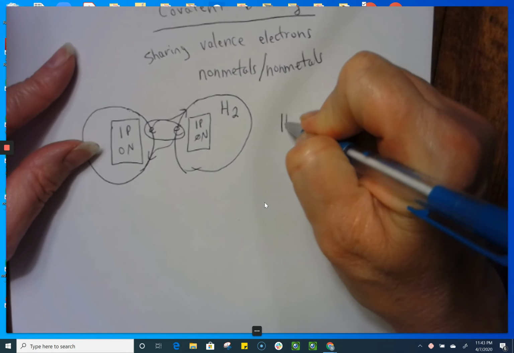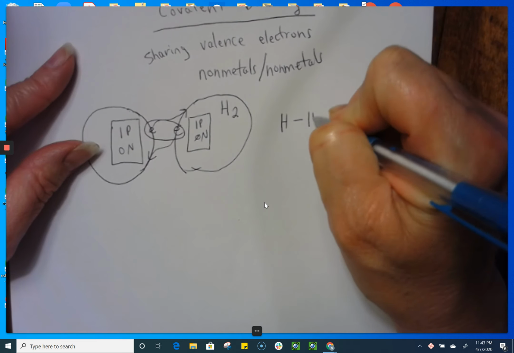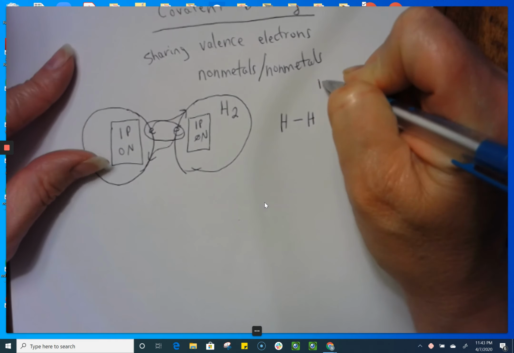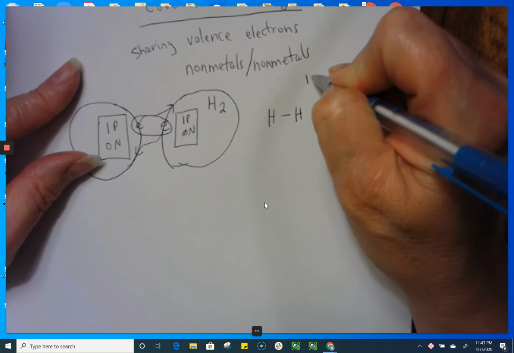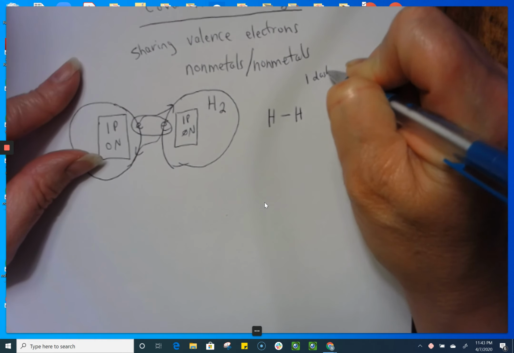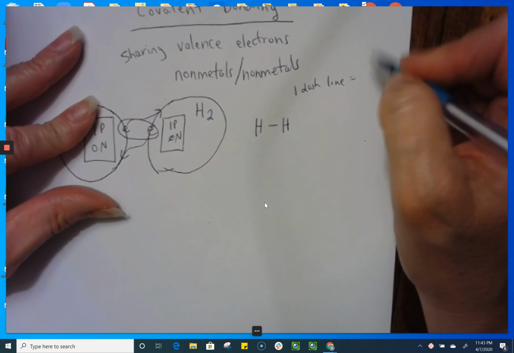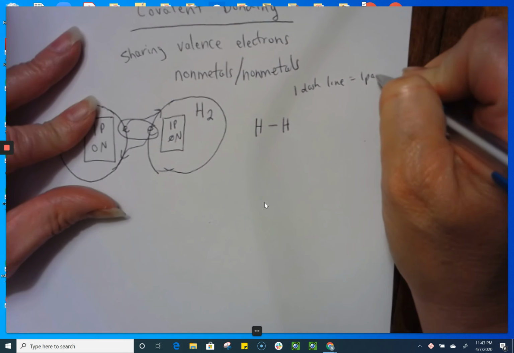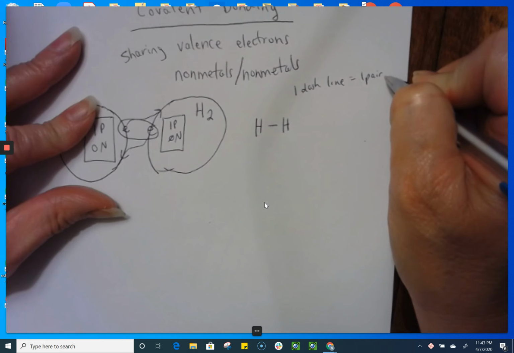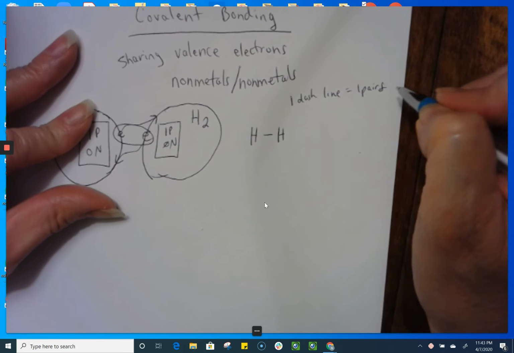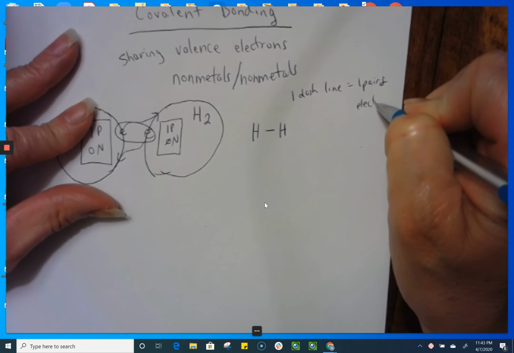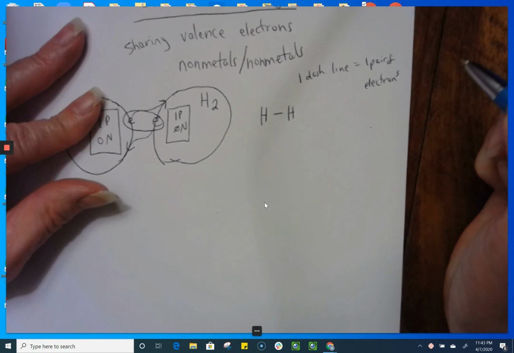You will often see them diagrammed or written like this: one dashed line equals 1 pair of electrons being shared, 1 pair.